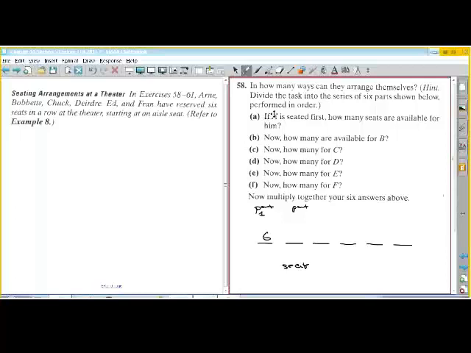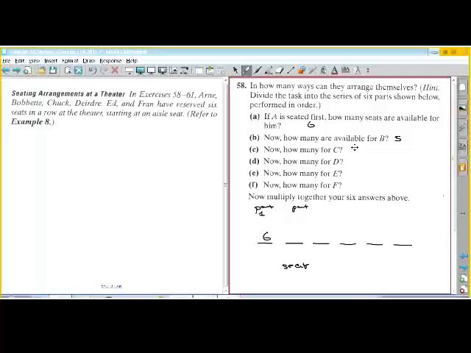So if A is seated first, which is Arn, I've got 6 choices. So I write that down. There's 6 seats available. Then the next one is I've got the next person, Bobette. Well, if I already seated Arn, then there are only 5 seats that are available for the next person that I choose to put in there.